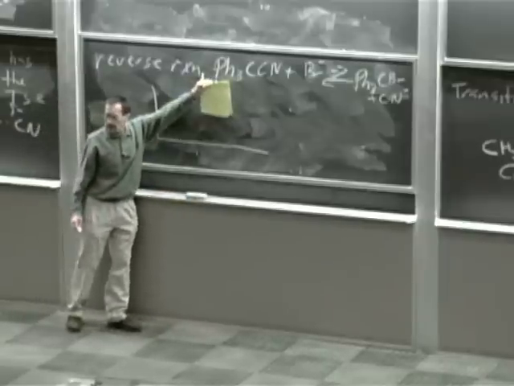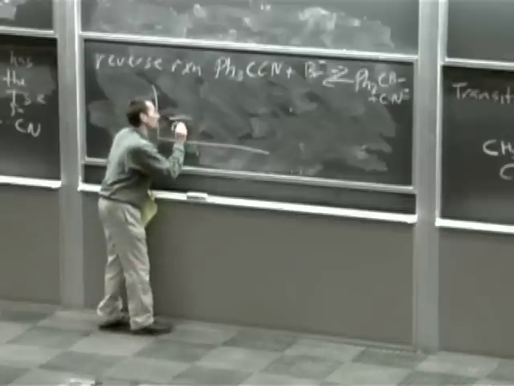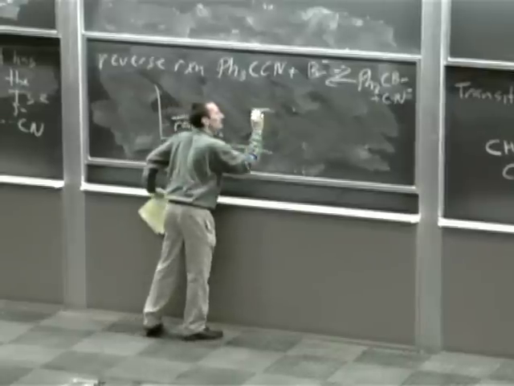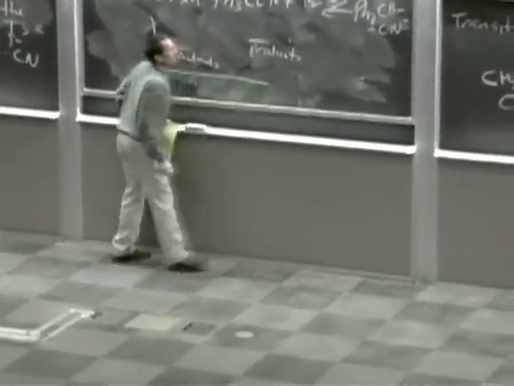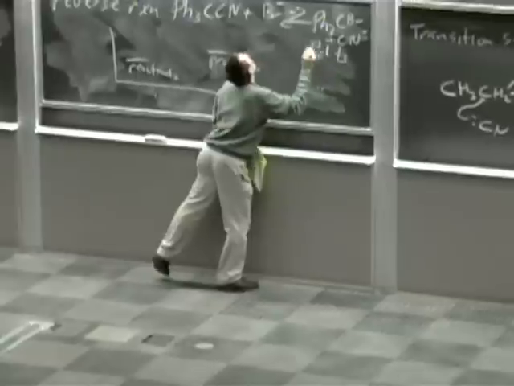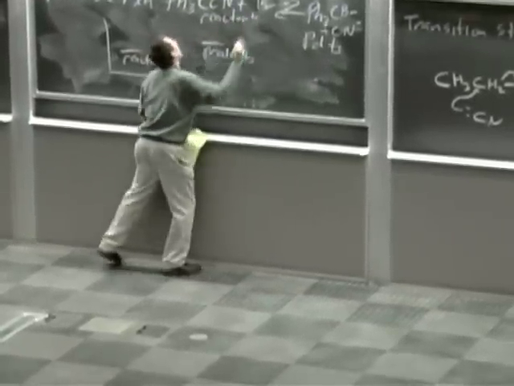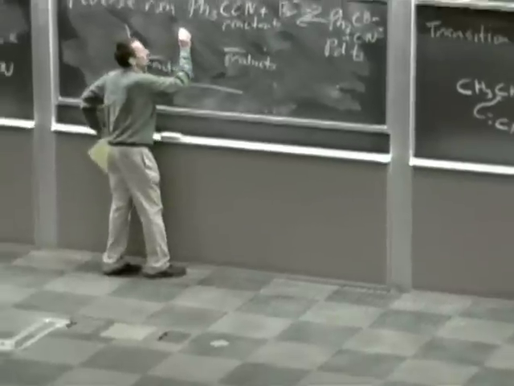The equilibrium lies to the left. Our reactants are over here. Our products are here. The products, of course, are these. The reactants are these. The intermediate is exactly the same as we have over here.